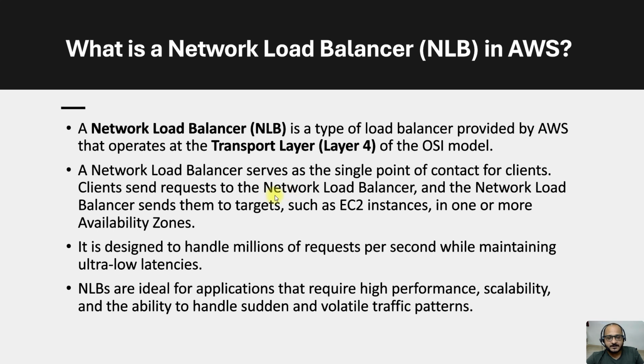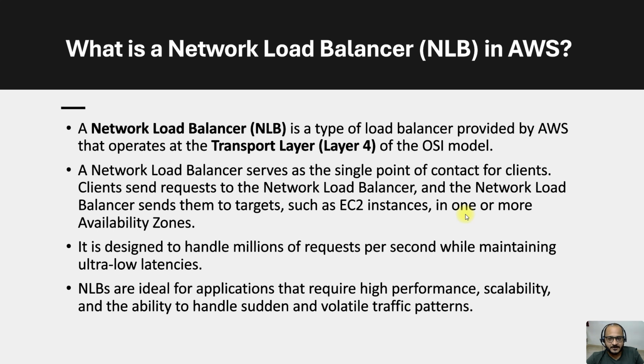So the client sends a request to a network load balancer and the network load balancer sends it to a target such as an EC2 instance in one or more availability zones. Why have I mentioned availability zone here?